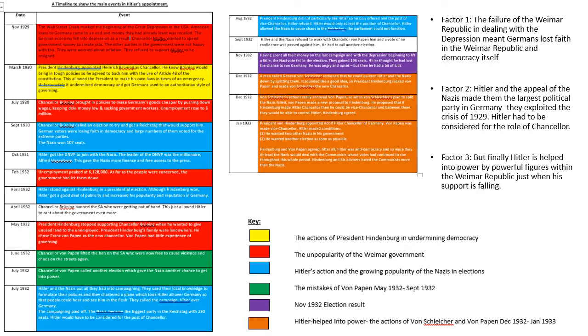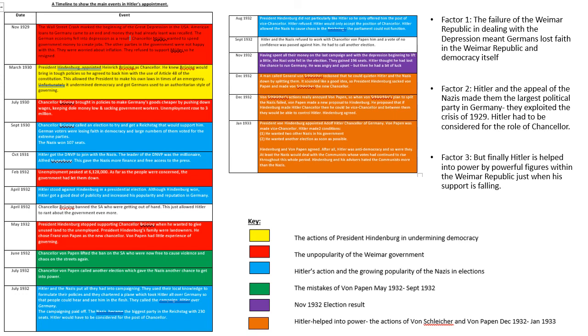Okay, so we all need to make sure that our research is consistent and accurate. So what you've got here, in a sense, are the answers. So remember, we've got three factors. Factor 1, the failure of the Weimar Republic in dealing with the Depression. Factor 2, Hitler and the appeal of the Nazis meant that he had to be considered for the role of Chancellor. And Factor 3, actually in the end, Hitler is helped into power.